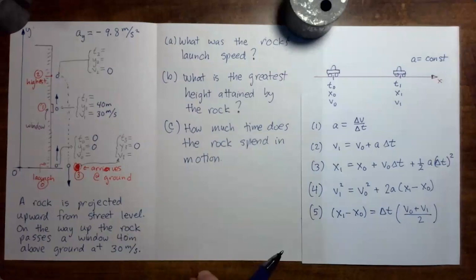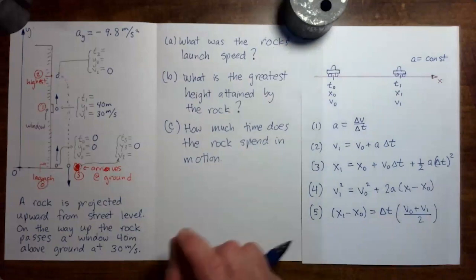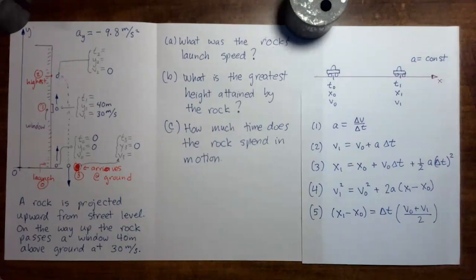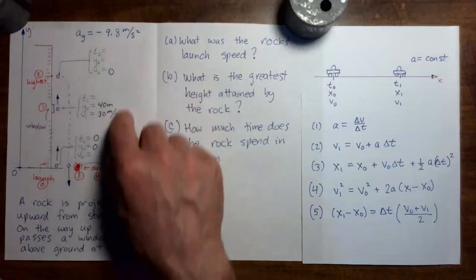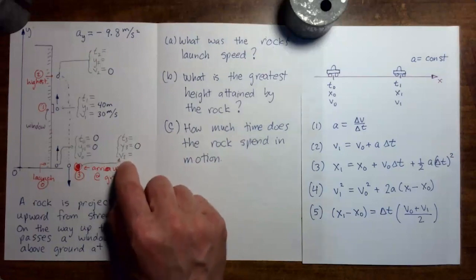In a problem involving an object using constant acceleration, we can use these formulas here to connect one moment to any other moment, as long as we have constant acceleration all the way between those two moments. Now, in this problem, we have constant acceleration throughout. So we have a constant downward acceleration of 9.8 meters per second squared, all the way from the moment of launch to the moment the rock gets back to the ground.